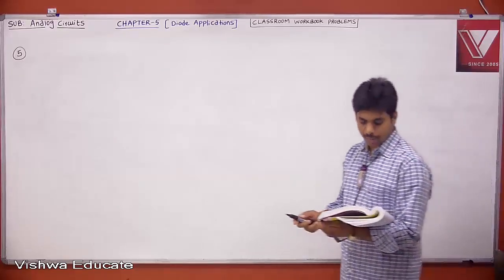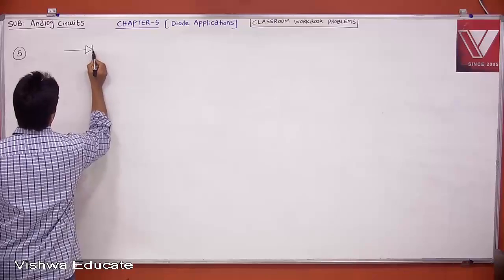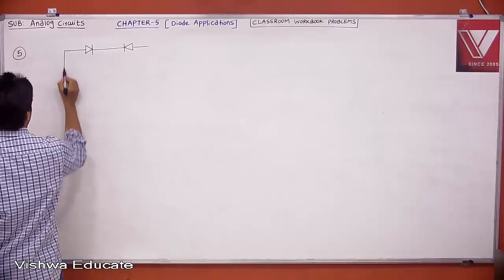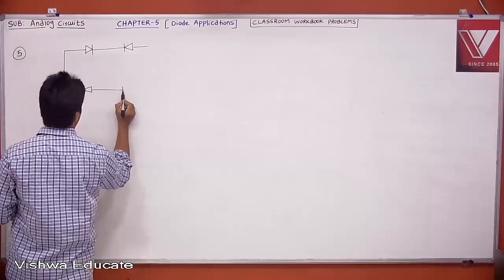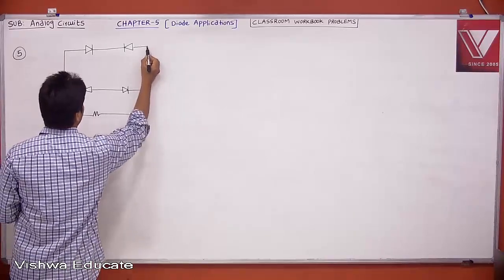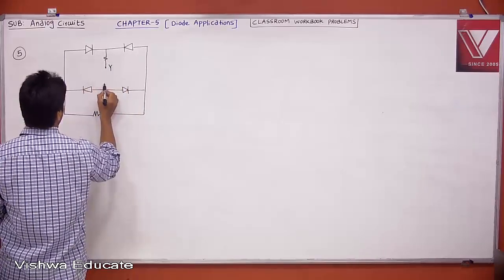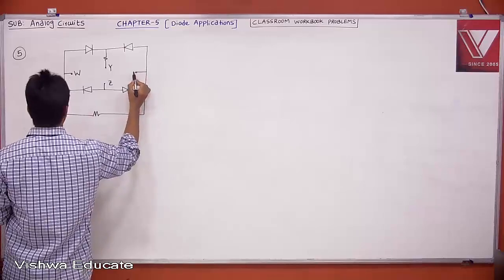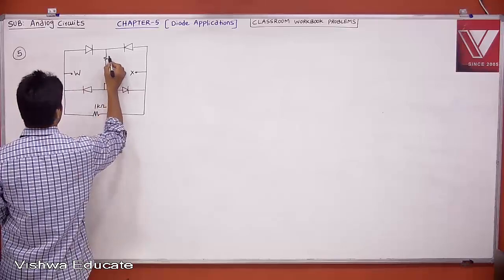The voltage measured across WX is, okay, the circuit is, this is the circuit, and this is Y, and this is Z. Now this is W, and this is X. Okay, this is 1 kilo ohm, and this is also 1 kilo ohm.